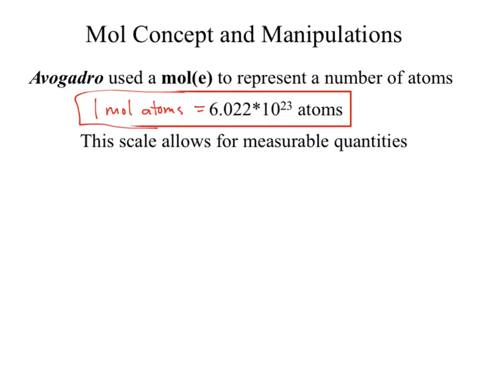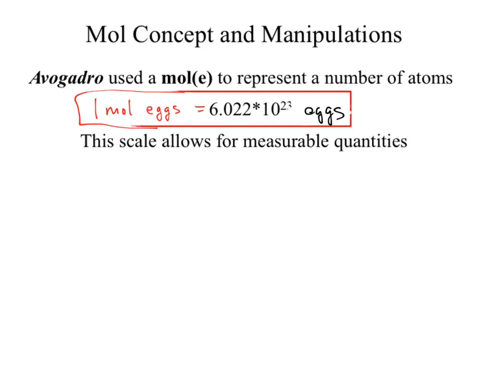Do I have to measure atoms? What if I measured eggs? What's 1 mole of eggs? 6.022 times 10 to the 23rd eggs.